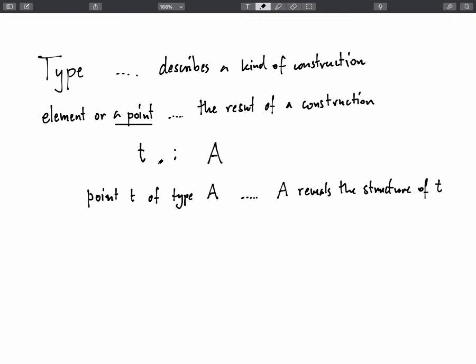It was constructed by means of certain moves, certain things that you did, which determine what space you landed in. So, for instance, if you said, let this point be the intersection of these two straight lines in the plane, well, yes, then it's going to be in the plane because that's what you said, right?